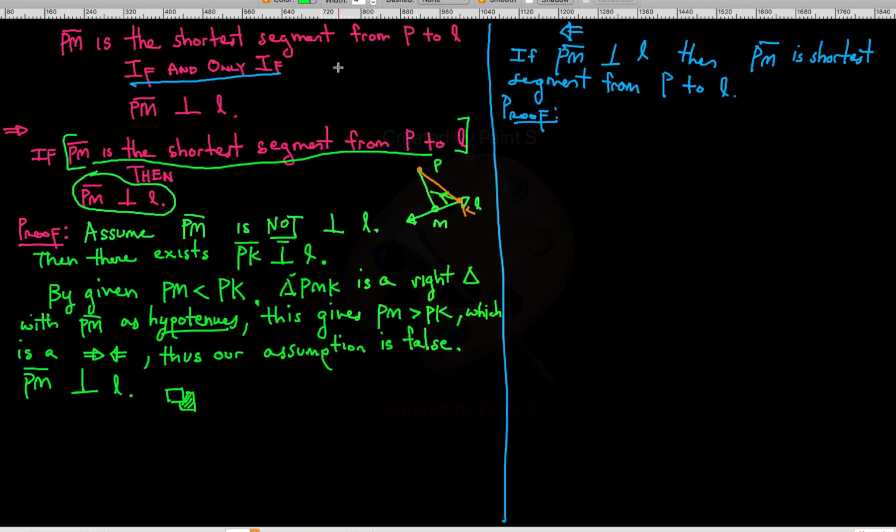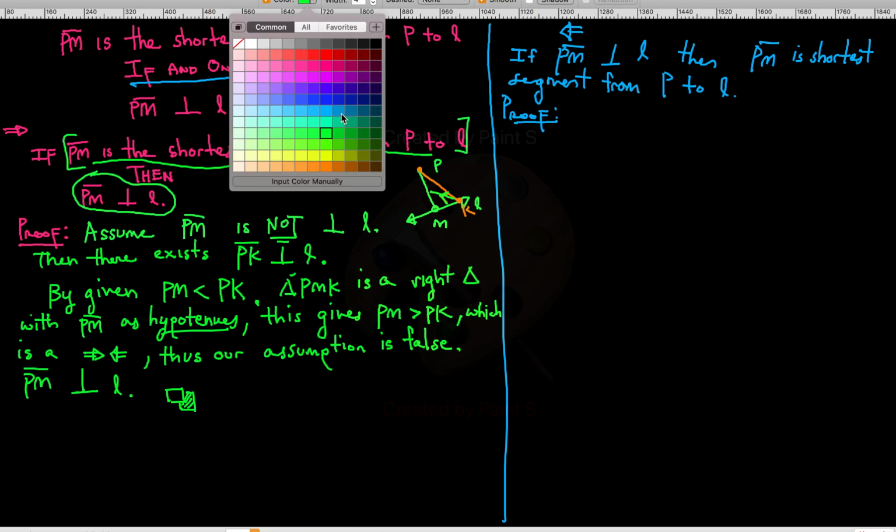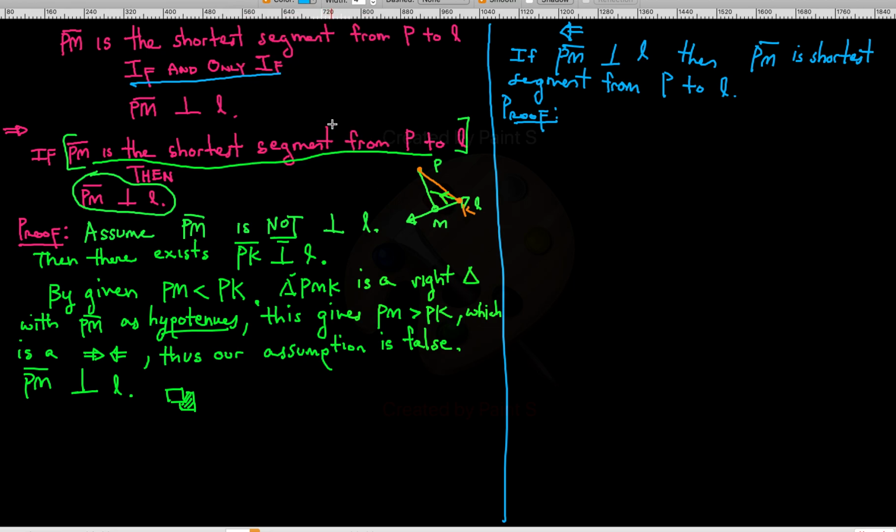But that's only in one direction. Now you need to do it in the other direction. Okay, now the next direction. Again, start off with assuming the opposite of the conclusion.